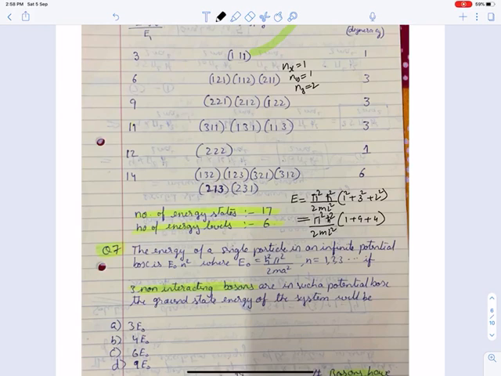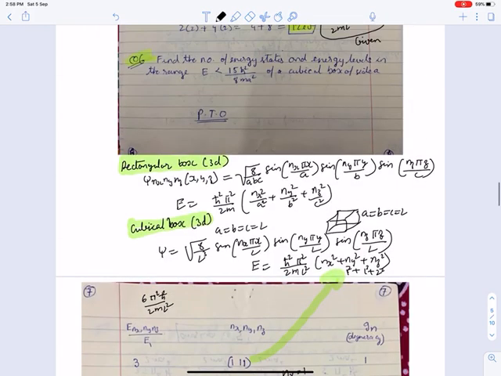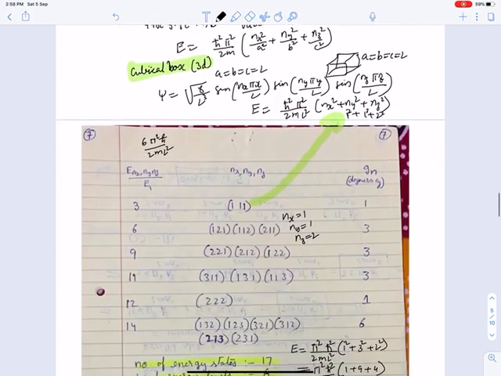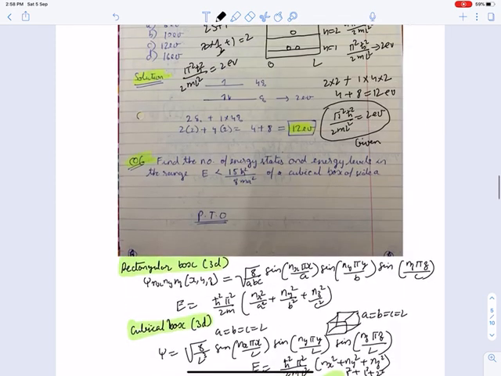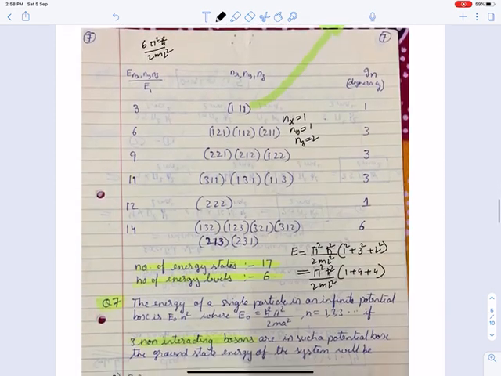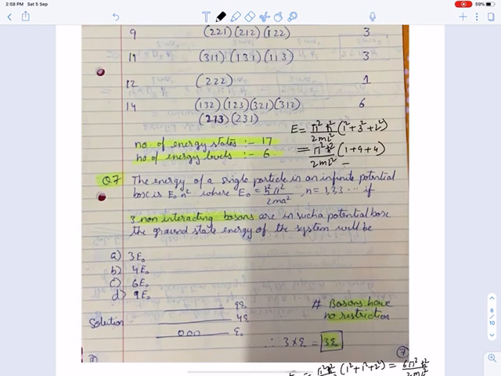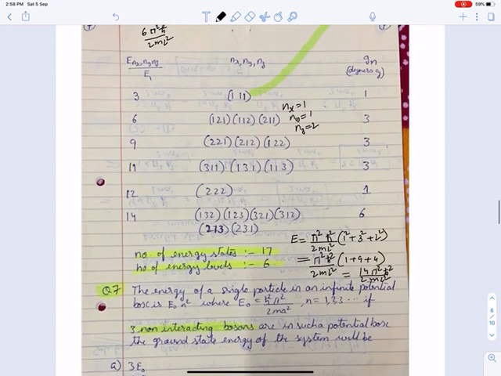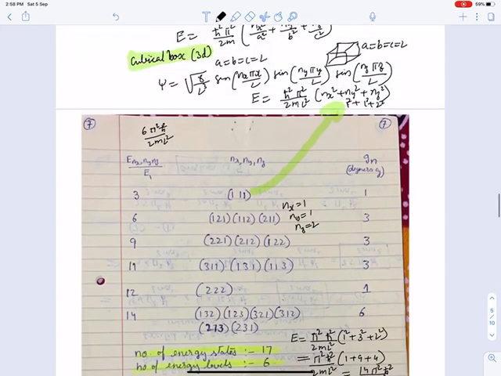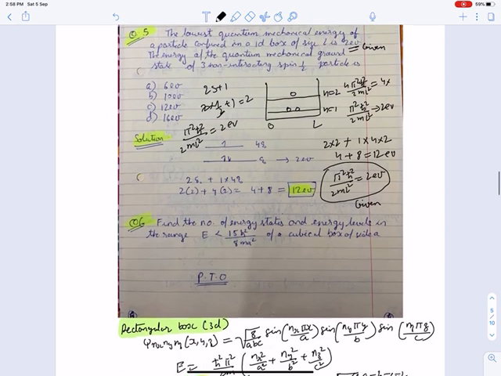So you can check it. Okay, so the number of energy states is 17 and the number of energy levels is equal to 6.